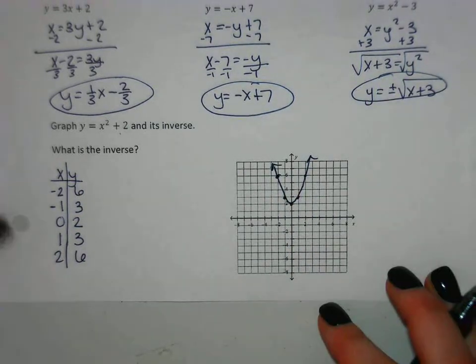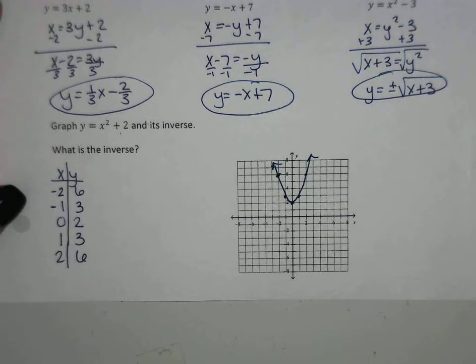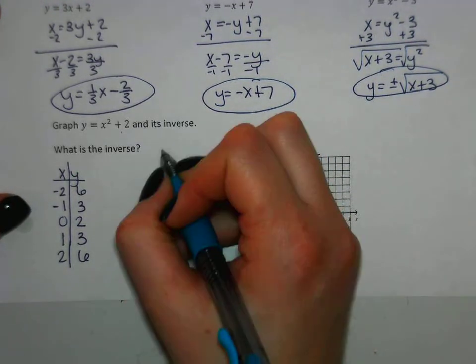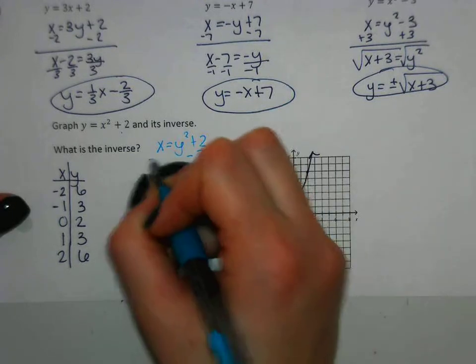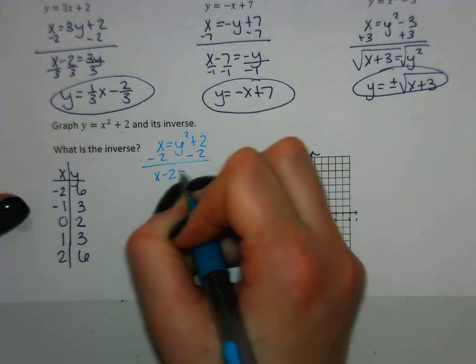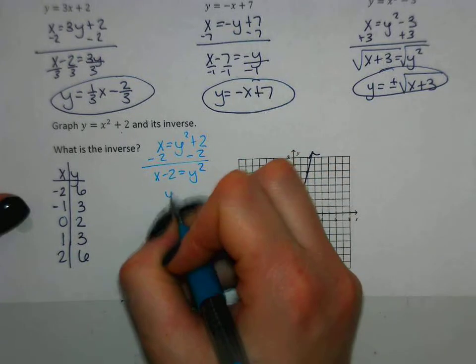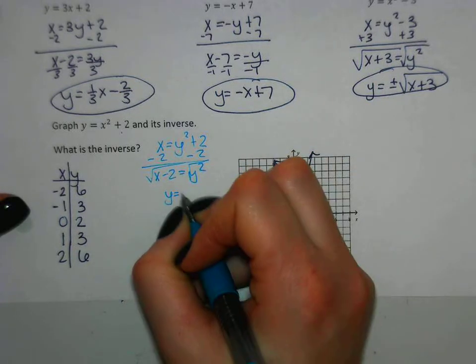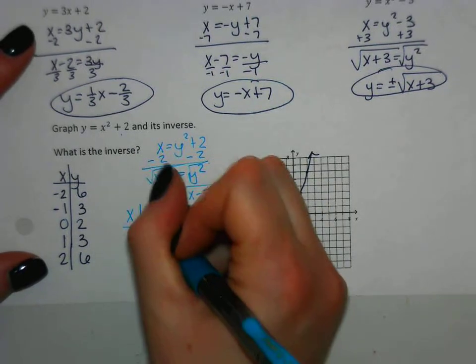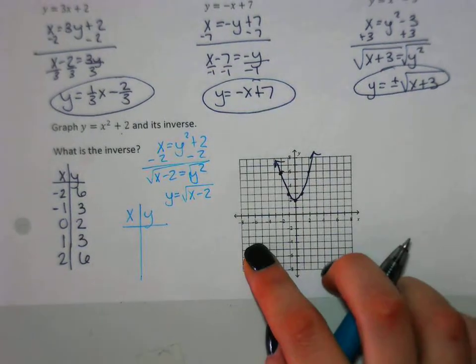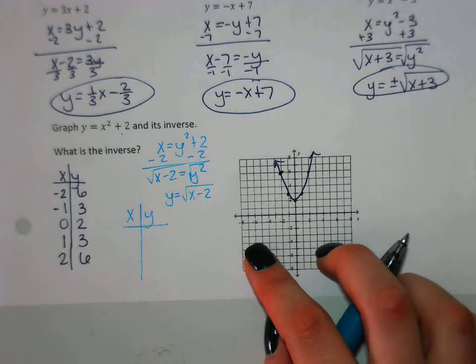Now let's find the inverse of this. So we have x equals y squared plus 2. Subtract 2. So x minus 2 equals y squared. So y equals the square root of x minus 2. Here we have to be careful, because remember, we can't take the square root of negative numbers.